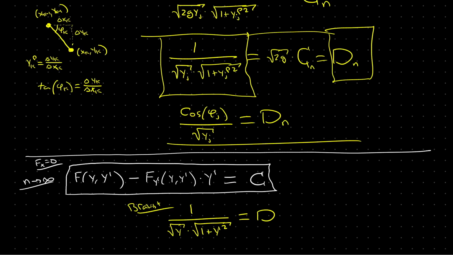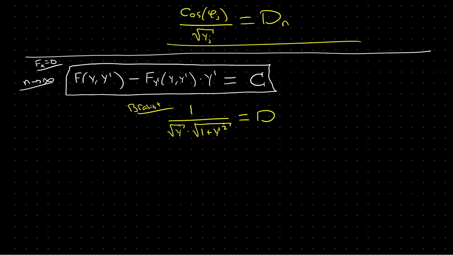For the discretization, tan of phi k is equal to delta yk over delta xk, and in the limit as n goes to infinity, y prime is going to be tangent of phi.